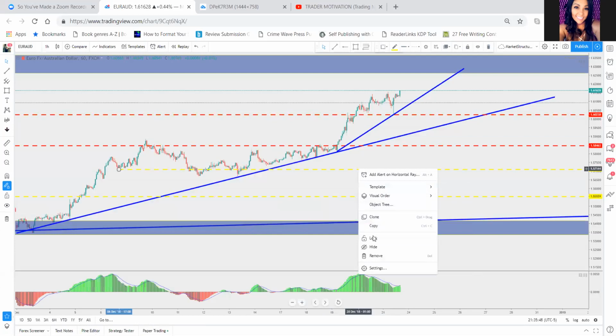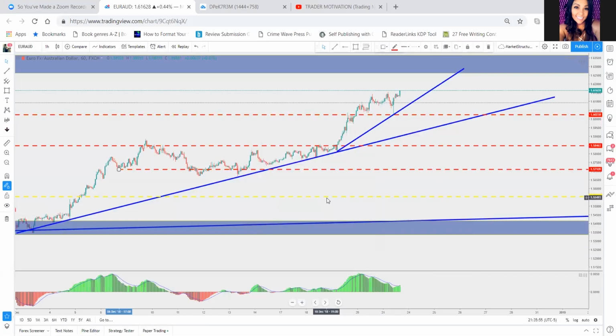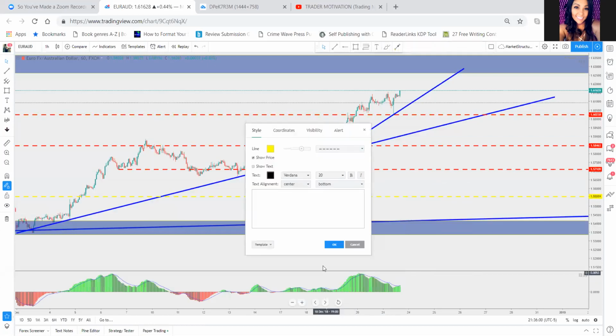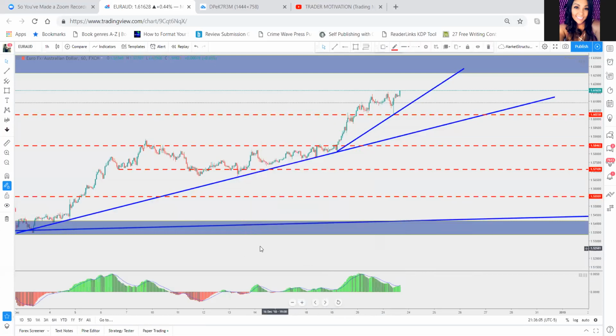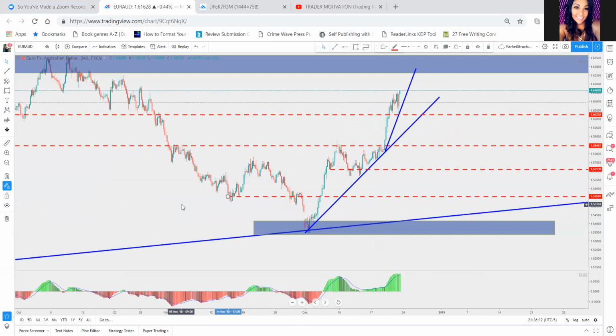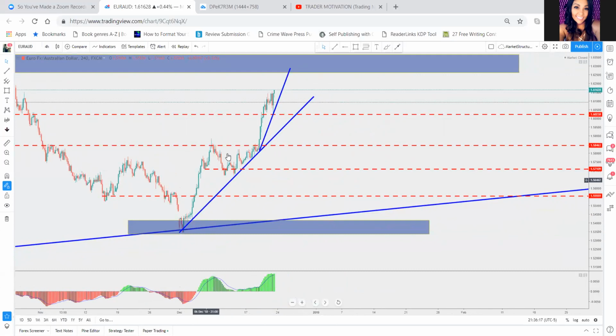Those are areas in previous market structure, looking left. And one of the most important things about trading market structure, one of the number one rules of market structure, is always look left. Because let's just say we're on the 4-hour, and you're just looking at this part of the market, and you're like, oh, it's in a buy, it's in a buy, and you hadn't looked left, and you hadn't put this zone up here.